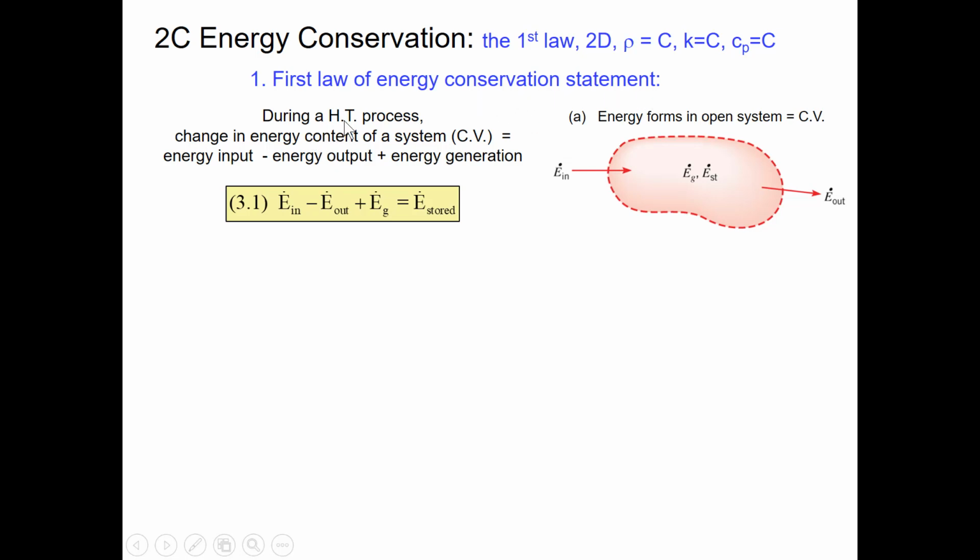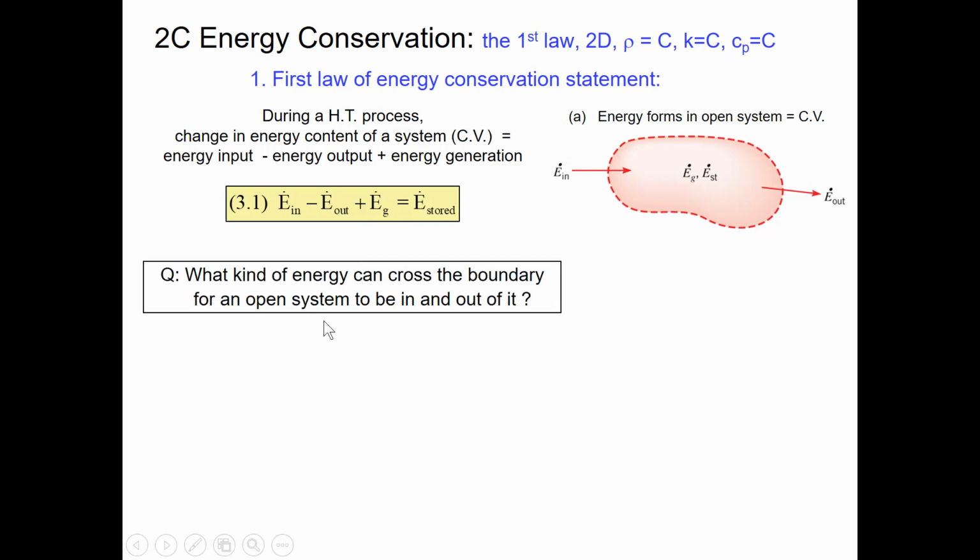During a heat transfer process, energy can cross the system boundary in and out, and the energy can be generated within the system. Therefore, the change in energy content of our system is equal to energy input minus energy output plus energy generated.